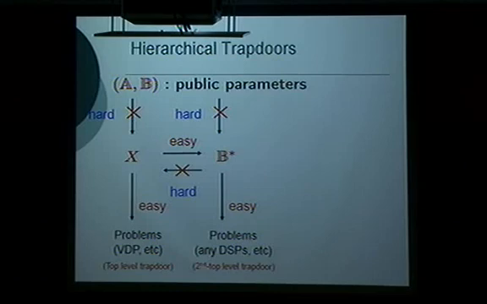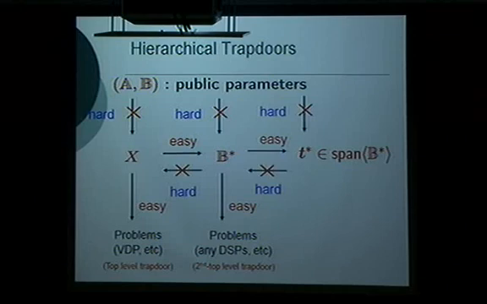And again, we can extract some value in the space spanned by the B star, and of course it is hard from the public parameters. Even if I got some information about some space of this basis, it is hard to recover the whole B star.